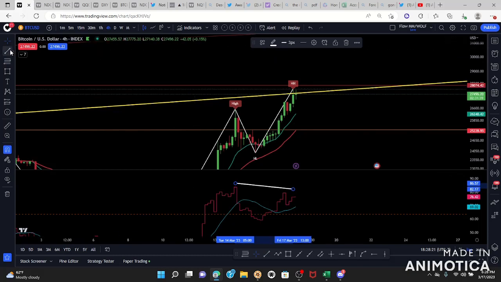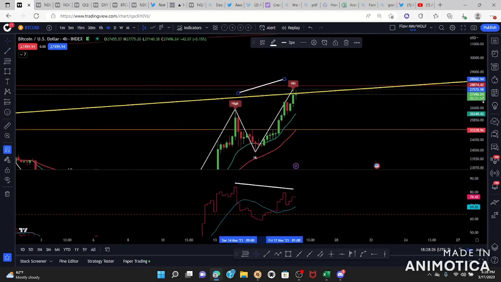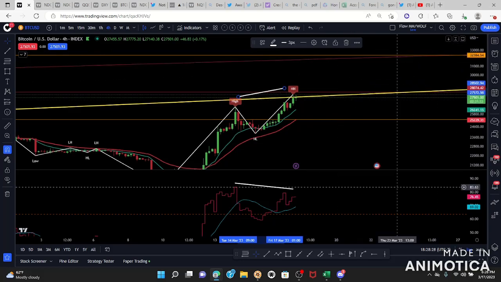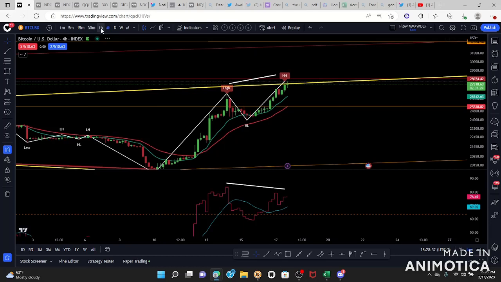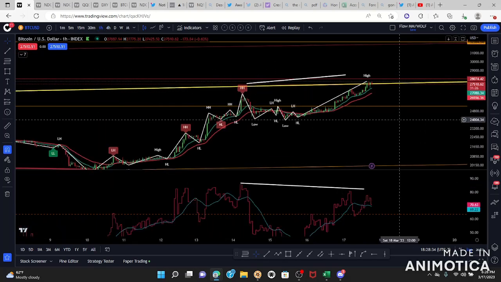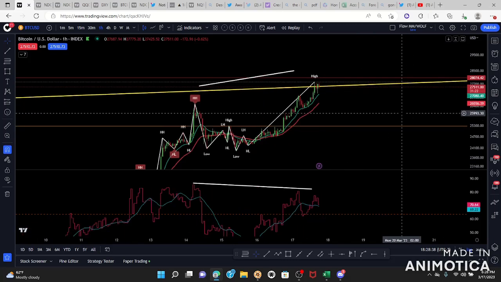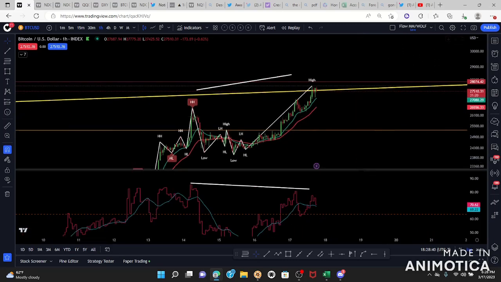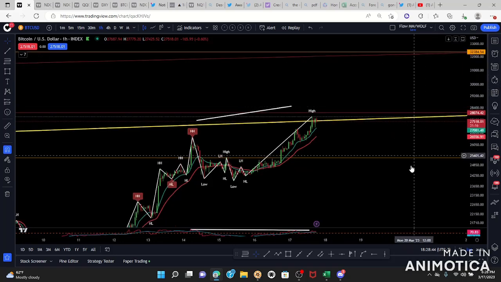See this divergence here? So it could definitely break up to 32 and then roll down, or just roll from here. That's what I'm seeing. What do you think? Right. Because this could still be at play, this 32 target.